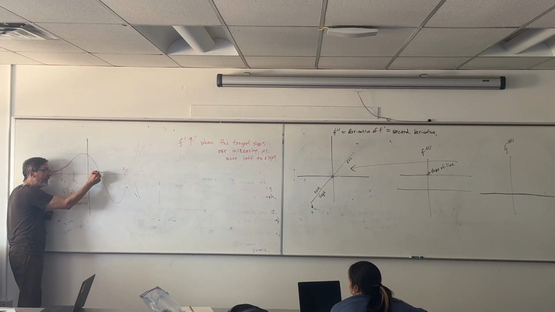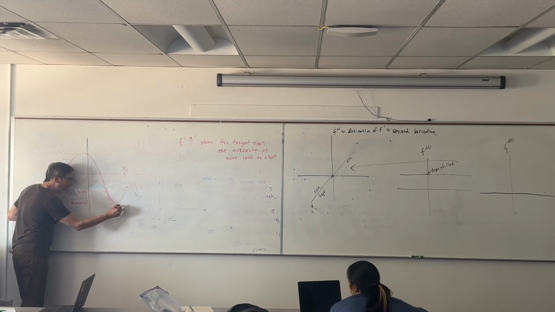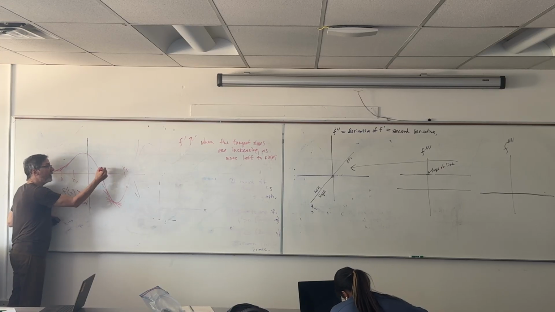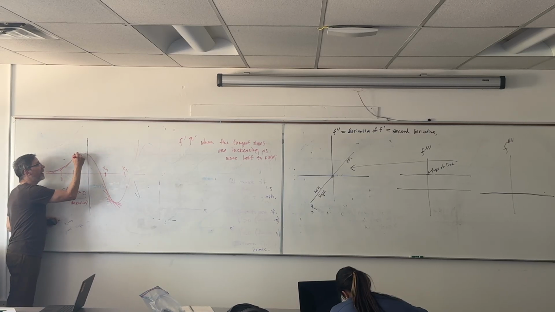Like check this guy out right here. There's a slope, it's negative. But as I move to the right, it becomes less negative. And those tangent slopes are becoming greater as I move to the right. So right here at x4, let's say that's x4, that would be an answer to that question. What about here? What are my tangent slopes doing here? Decreasing. They are decreasing.